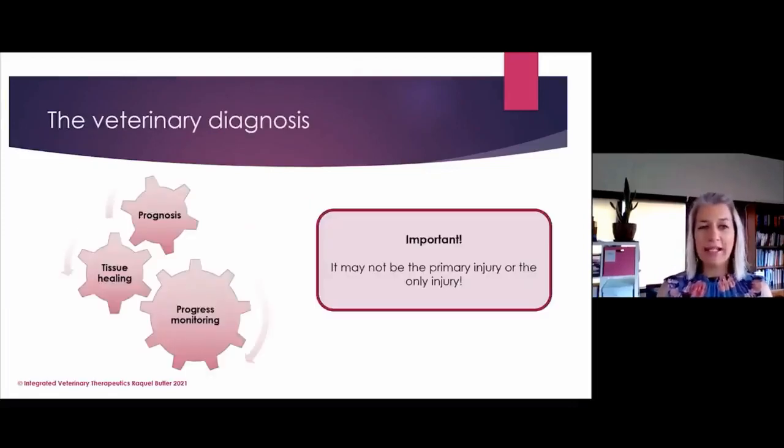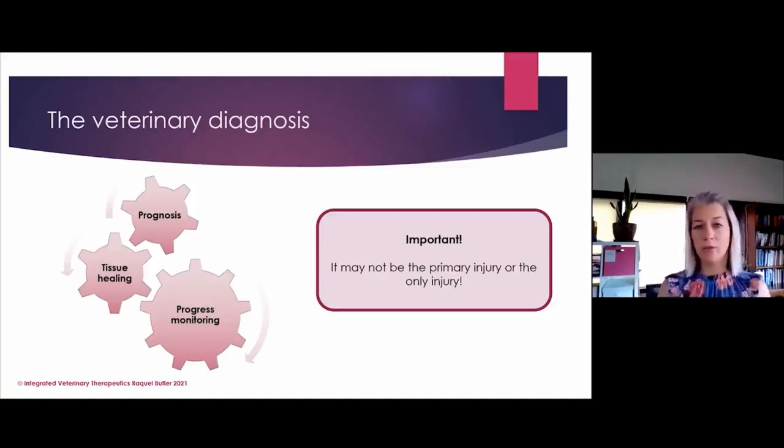So one aspect is the veterinary diagnosis, and having a veterinary diagnosis means that you can have a better prognosis, so you can understand what tissue has been injured, how long they generally take to improve, how severe it is, and what you can kind of expect there.